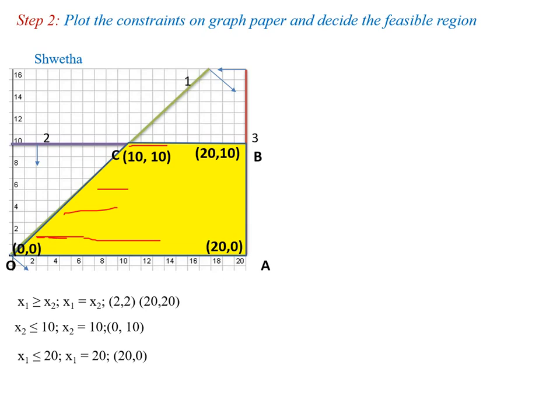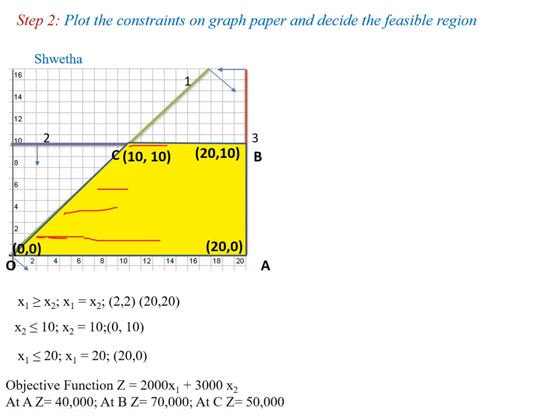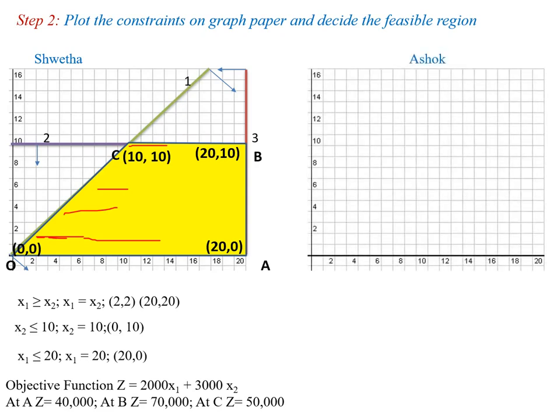Then we have to substitute these values in the objective function. Then we will get the values for the objective function, that is Z equal to 40,000 at A, Z equal to 70,000 at B, Z equal to 50,000 at C. Similarly, we have to find the feasible region for Ashok's production.